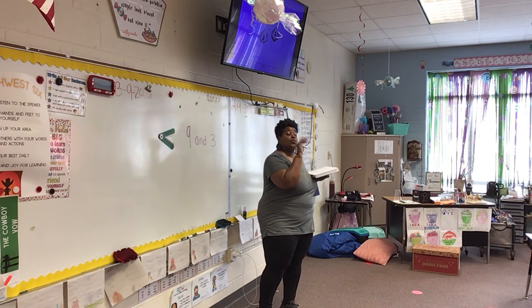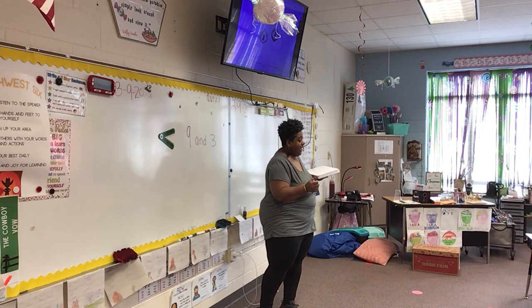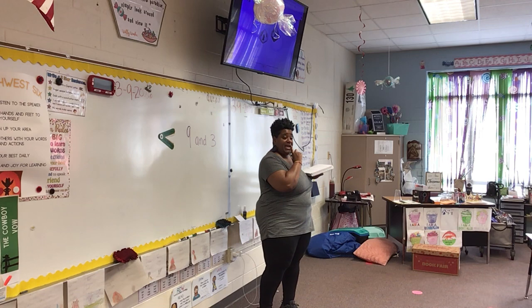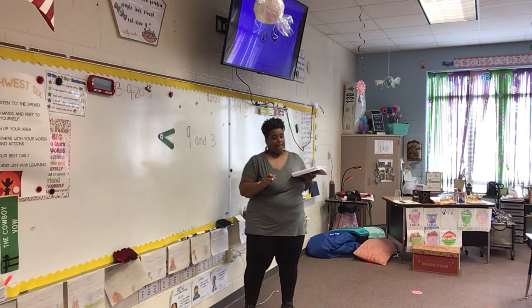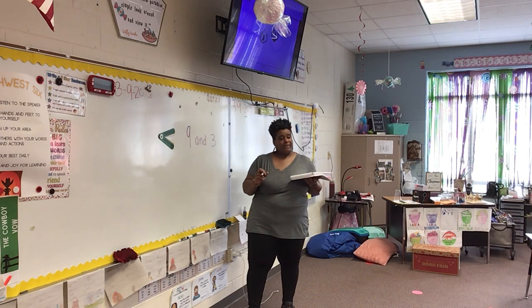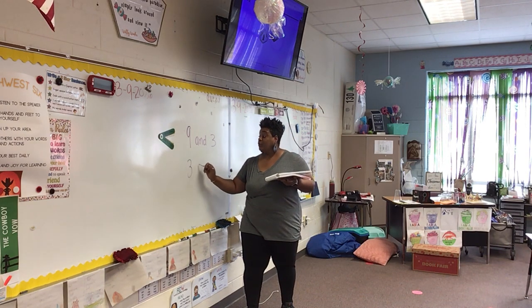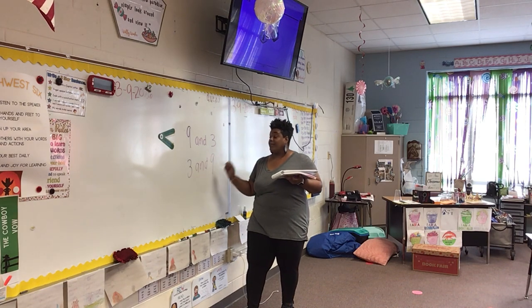Because we have been working on different ways to represent a number, right? Absolutely. But then I came across a table that said that if you wanted to do it like you did on the board, you can have 9 and 3 and then 3 and 9, which is commutative property. Okay, so then she said this is commutative property.